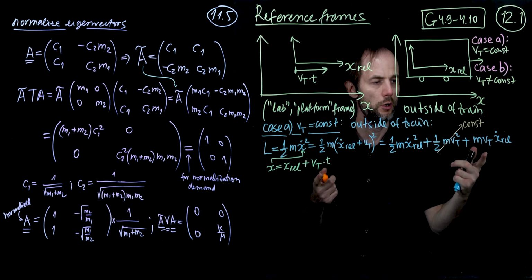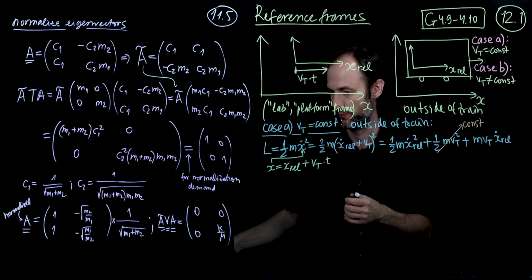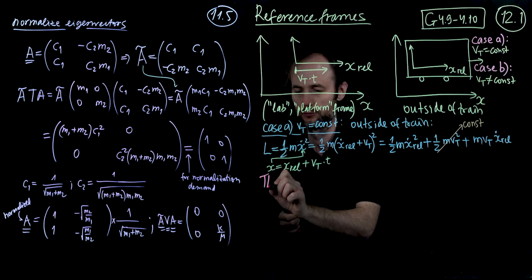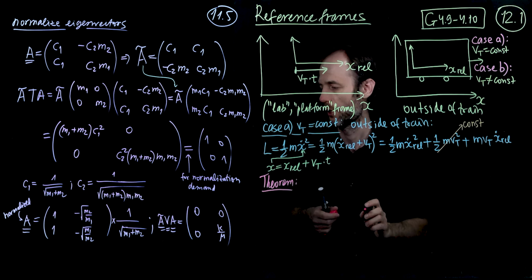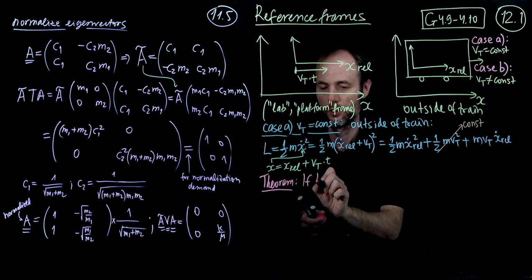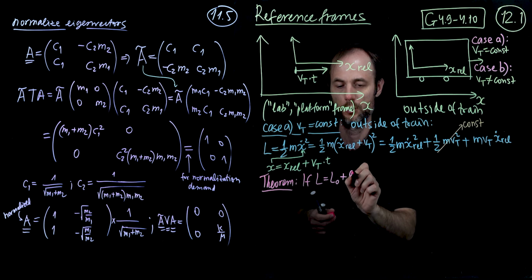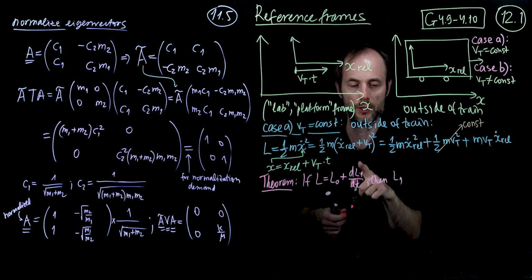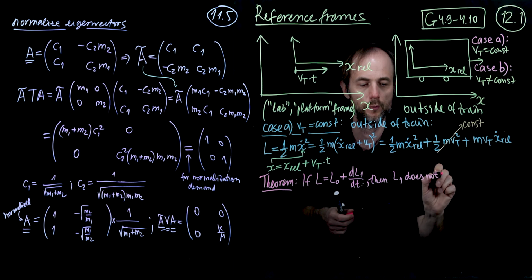In order to make progress, let us prove a theorem. If our Lagrangian is some Lagrangian L0 plus dL1/dt, then L1, this extra bit, does not affect the equations of motion.